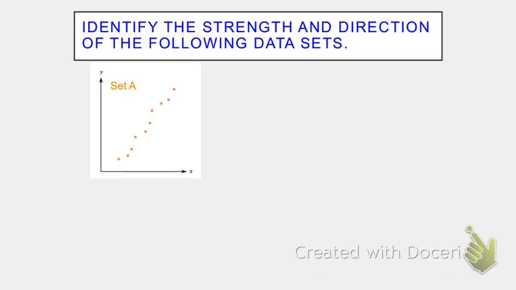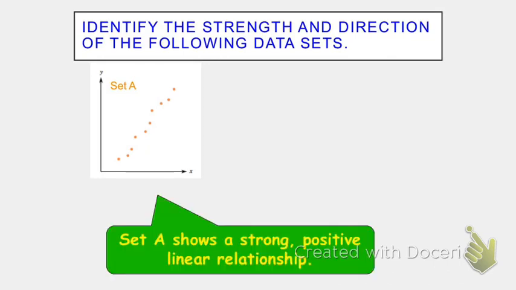Do we think it's weak or strong? Strong, positive, linear. Do we have to write a whole sentence, or can we say strong positive? For now, it's just strong, positive, linear. Once we start assigning context to it, so if I had height and weight, you would say strong, positive, linear relationship between height and weight. For now, we don't have it.